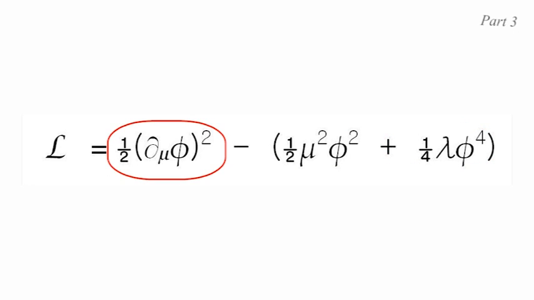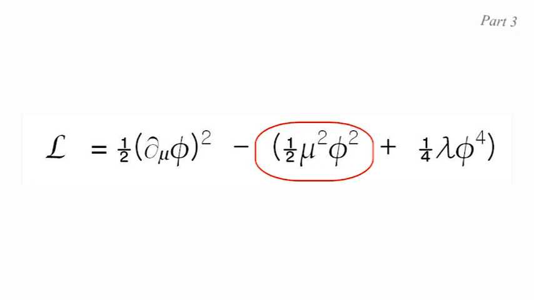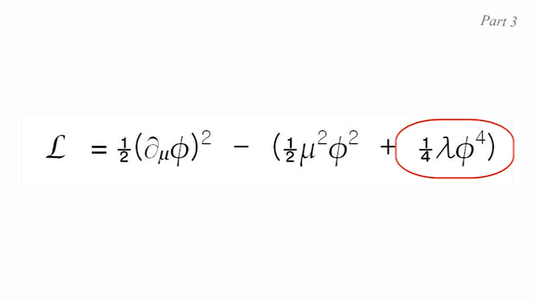We've got the kinetic term with the field changing with time and distance, the straightforward potential term where the field is stretching over time with distance, and we've got this self-interaction term making even more potential energy.